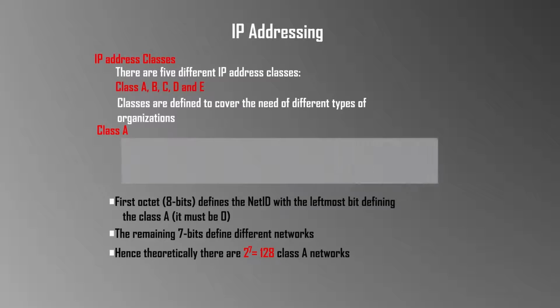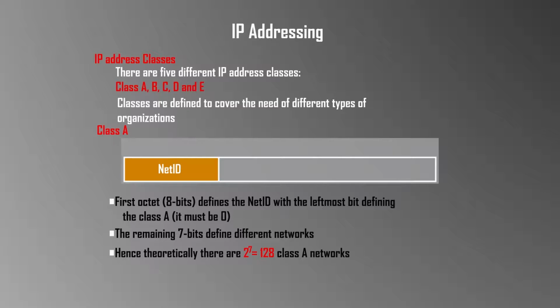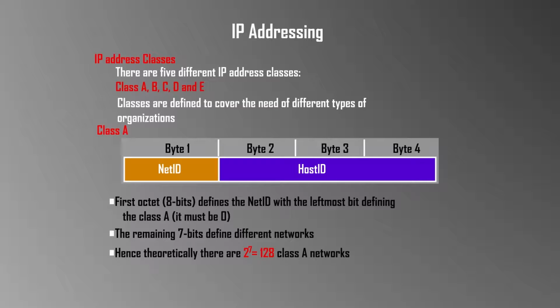So the first 8 bits define the class A network, and the 3 octets define the host on the network. So the first 8 bits define the network, and the last 24 bits define the host.